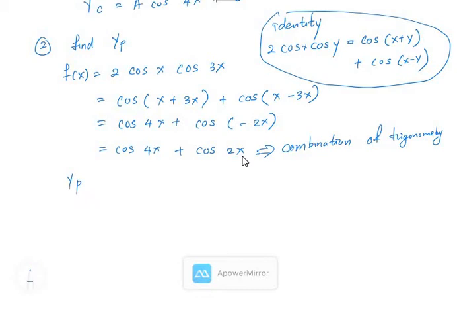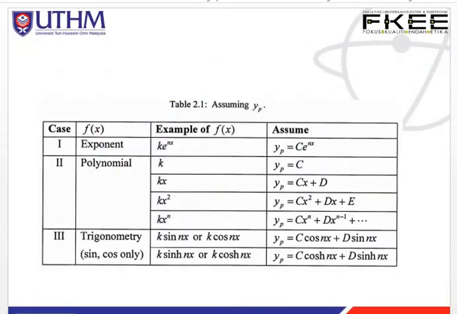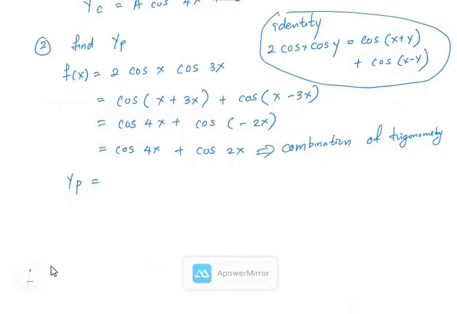Therefore, your YP equals, okay, for YP you can refer to the table. By referring to this YP table, for trigonometry it is C cos nx plus D sin nx, where n refers to the value of 4 here.